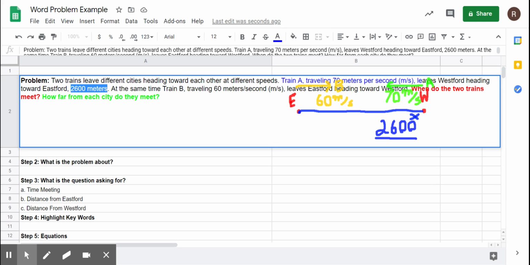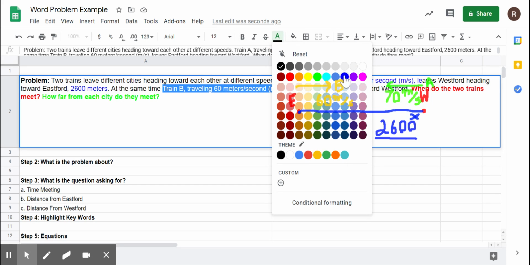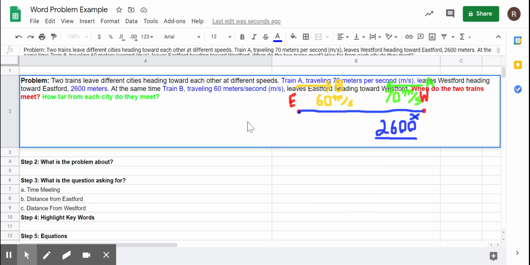And then after, I got train B, which is measuring at that. Cool, so I got 3 main values I'm dealing with. This value, 60 meters per second, 70 meters per second. As I said before, one of them is going to have to be negative. I'm going to hang on to that for just a little bit longer.